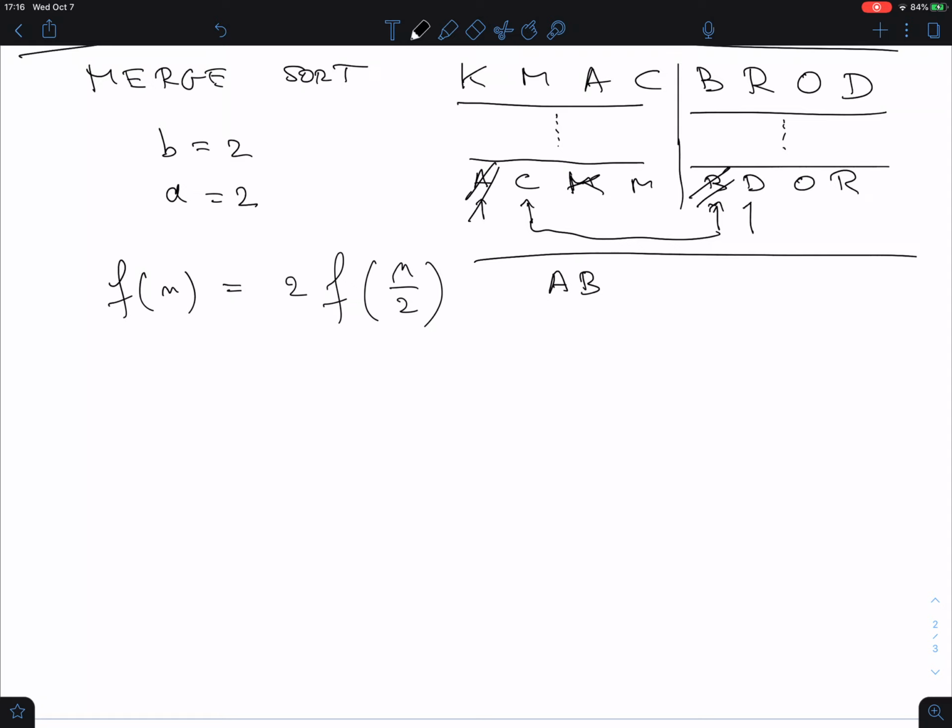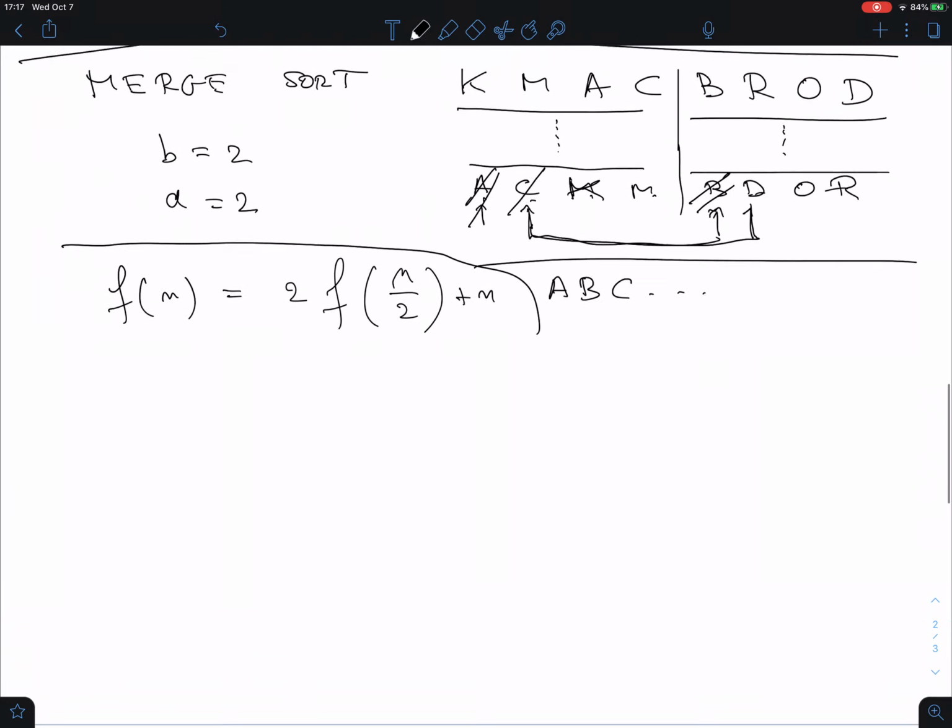Now we have a new one, so we compare these two, and then C goes. And so on. What it means is we have to look at each of these elements once. Every element will be chosen at one stage or another, and nothing else happens. So this will be n more steps to put it all together.